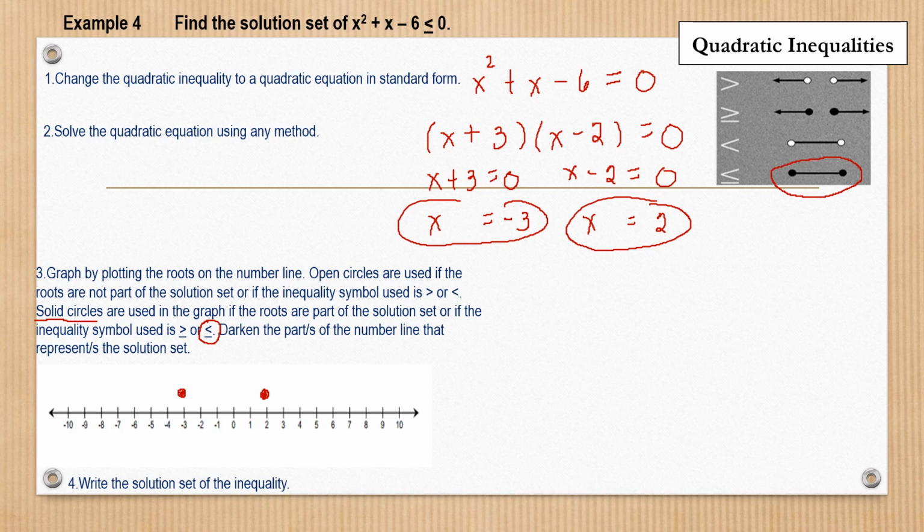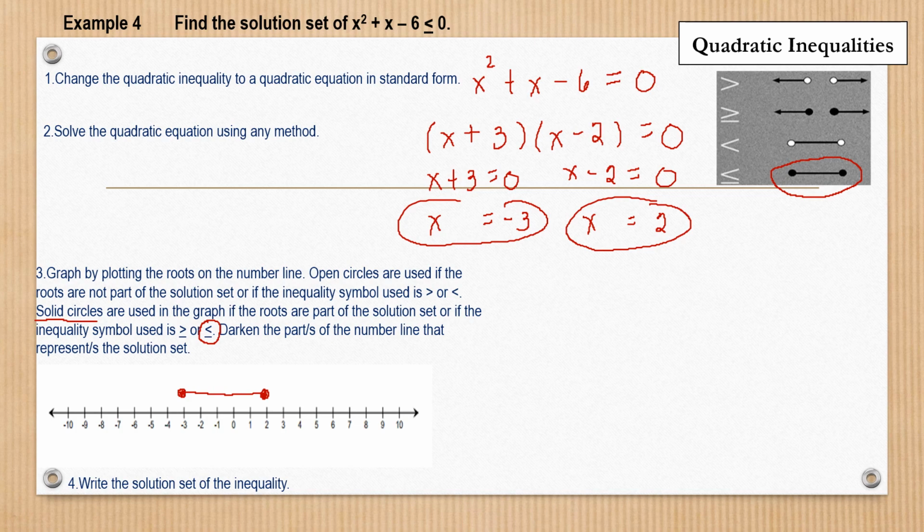So we have this graph. Therefore, the solution set of the given inequality are from negative 3 to positive 2.